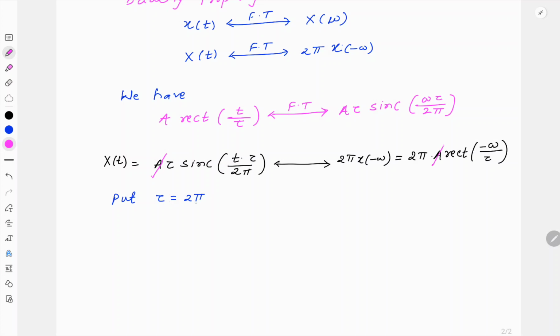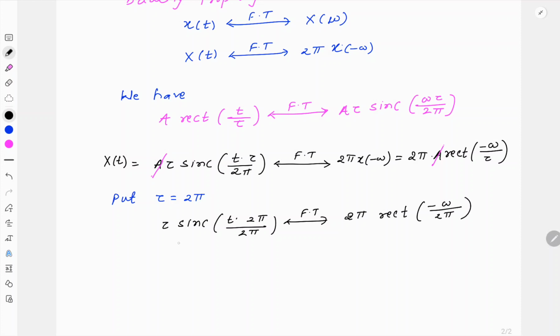Now tau is equal to 2 pi, so our equation becomes a tau sinc of t into 2 pi upon 2 pi has the Fourier pair 2 pi rect of minus omega upon 2 pi.